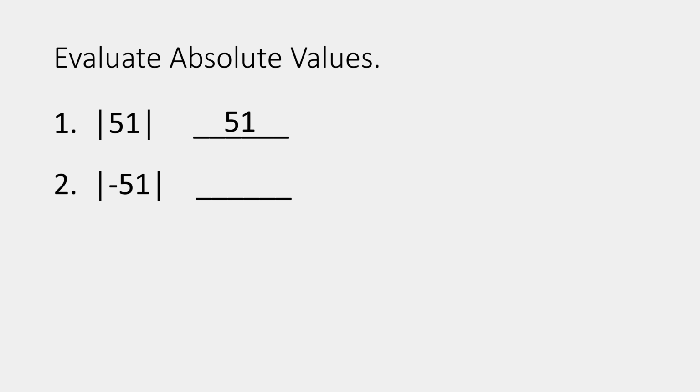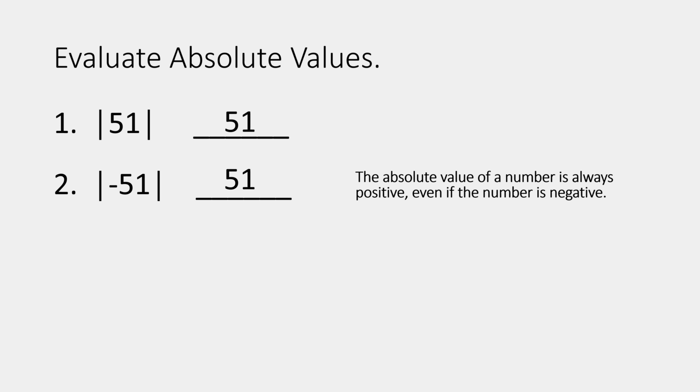The answer is 51. We always write the absolute value as a positive, even if it's negative, because we moved 51 units from 0 to -51. And number 3, we have -4.5. The absolute value, even if it's a negative number, will always be written as a positive 4.5.